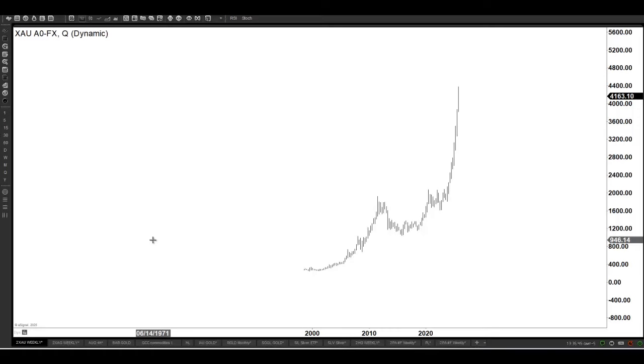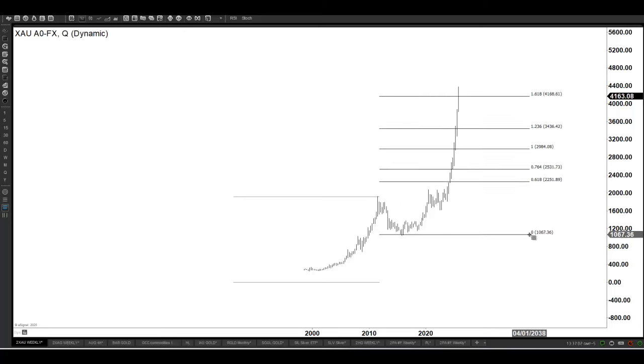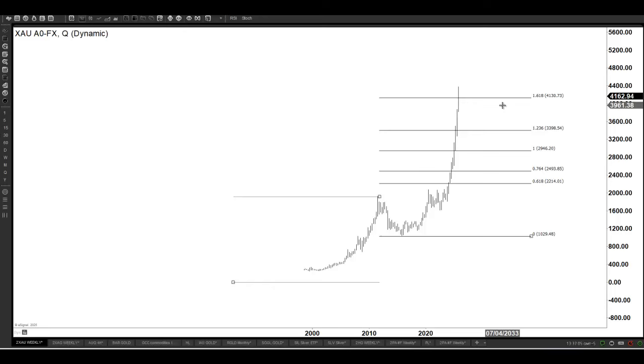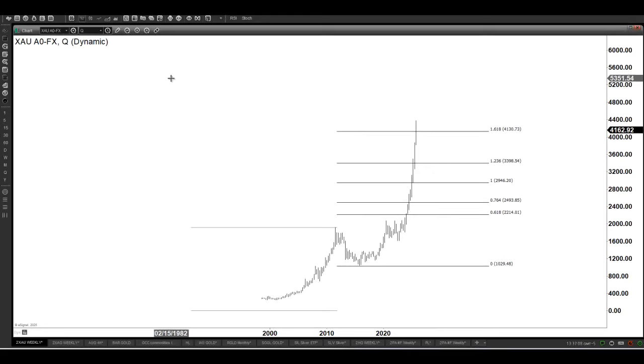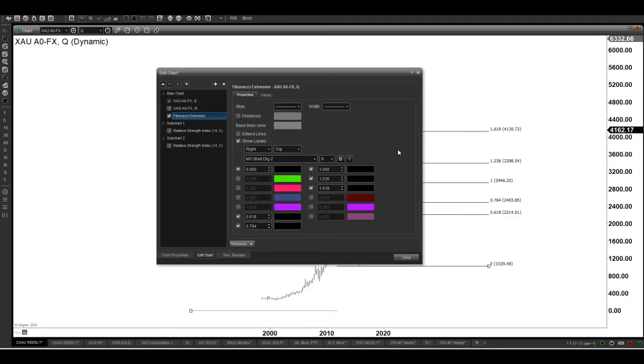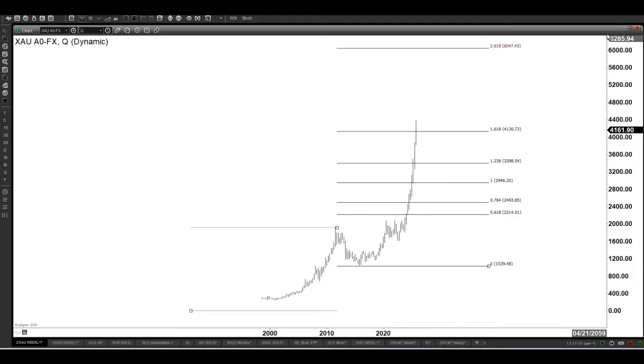Most traders only bother about the 5 minute chart or the 1 hour chart. Yeah, we know it. I can show you the chart. So this is 0, 2011, 2016. Already past the 1.618. I'm assuming that it's going to go for the 2.618, and that extension comes at 6,000, my bad.